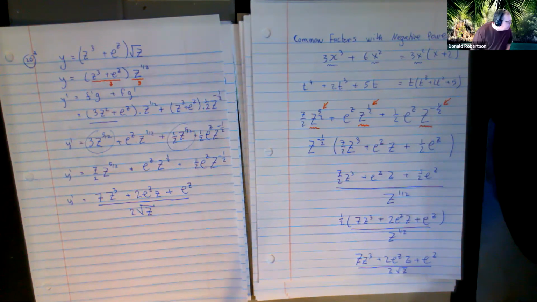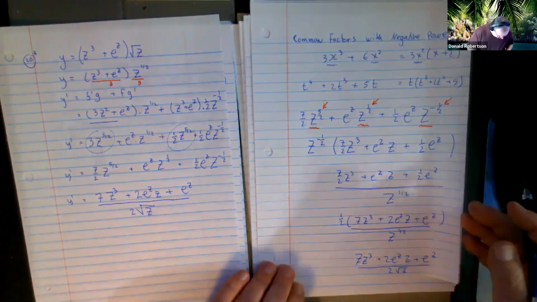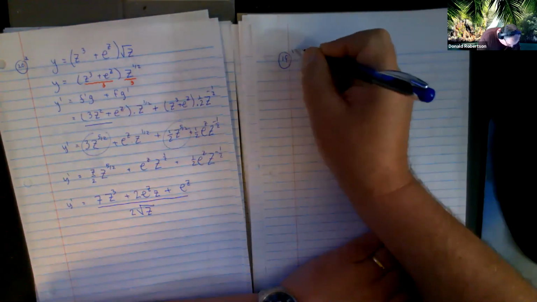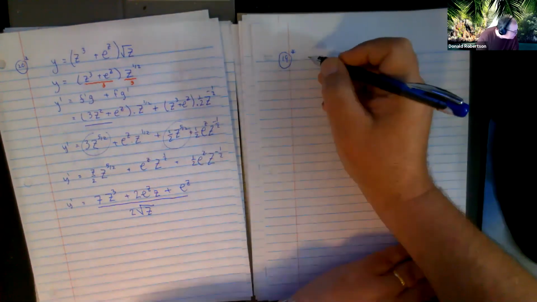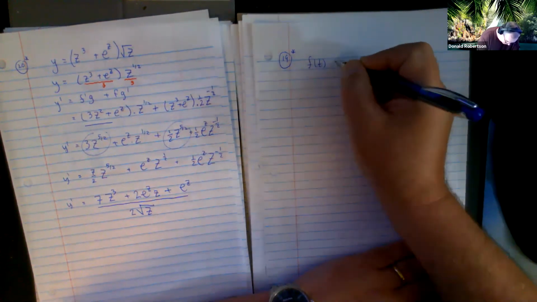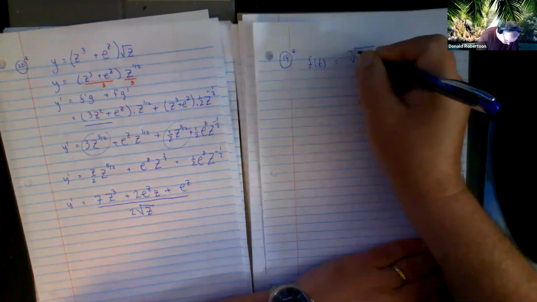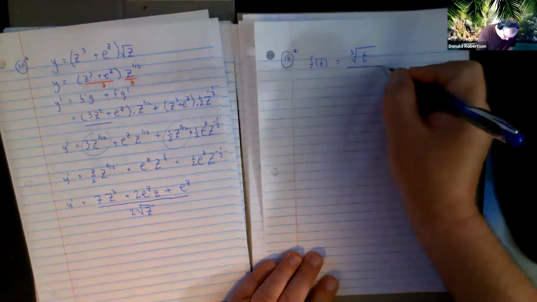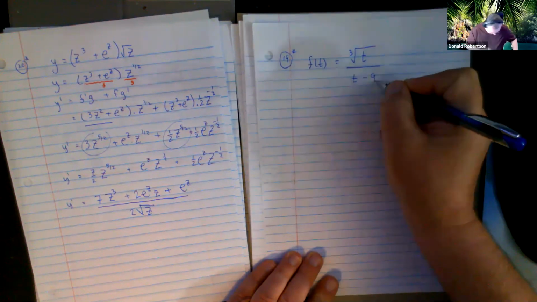Try to see if I can find a, yes, here's one. Next question we're going to do is a quotient rule. The quotient rule that we're going to do is for this cube root of t over t take away 9.